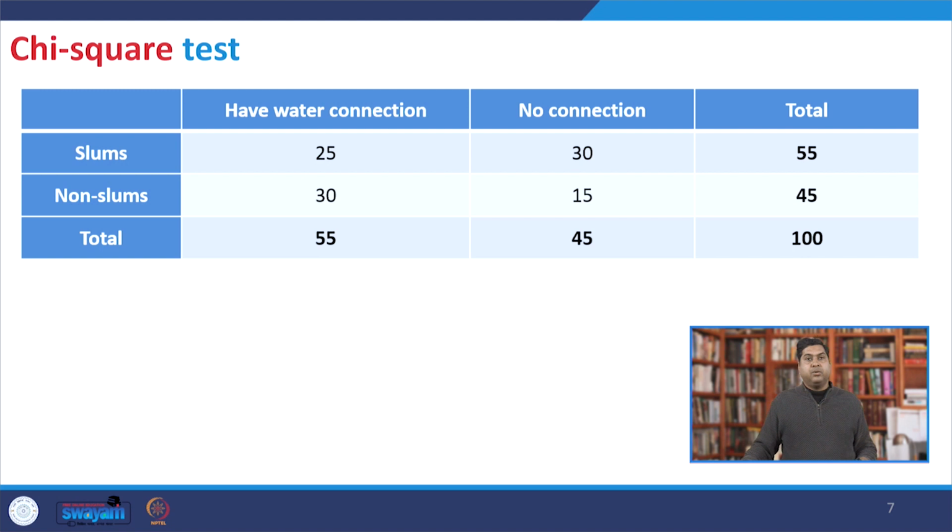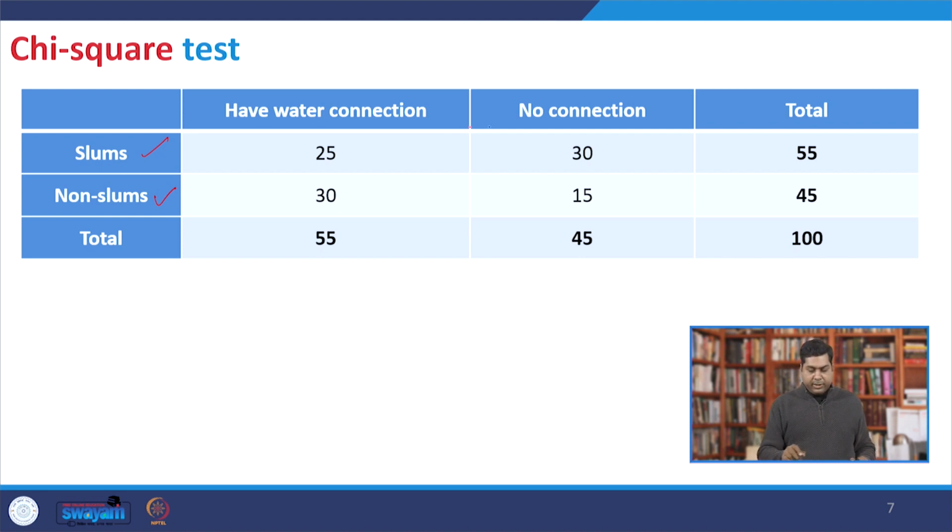So for this particular example, I'm taking a hypothetical case, the values are also hypothetical. This is a table where in the rows we distribute the settlements into categories, slum and non-slum area, and then we are interested in whether there is any relationship between slum and non-slum and the water connection.